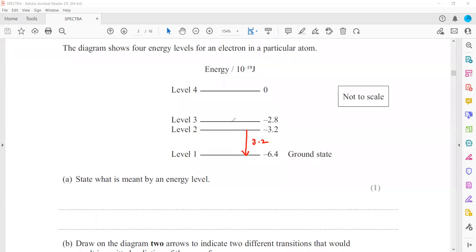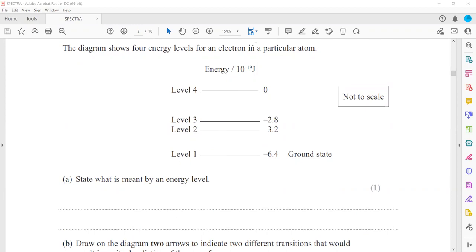If we take this transition, 6.4 minus 2.8, this transition will be 3.6. If we take this transition, 0 and 6.4, this is 6.4. If you take this transition, 0 to 2.8, this is 2.8. If you take this transition, 0 to 3.2, this will be 3.2.